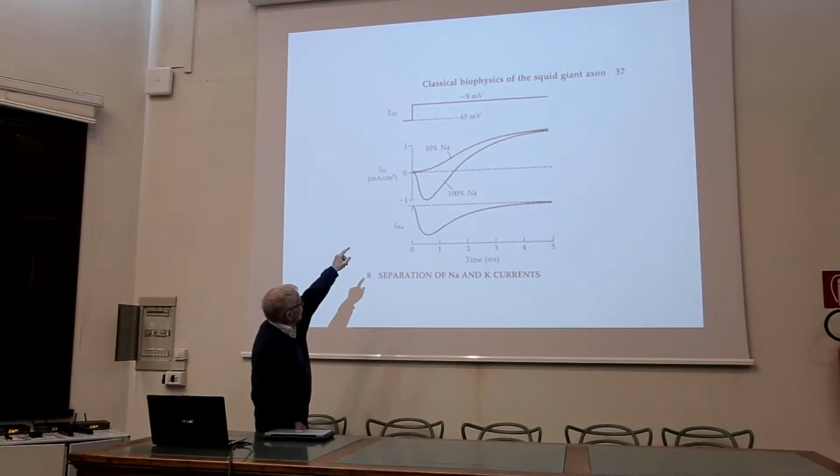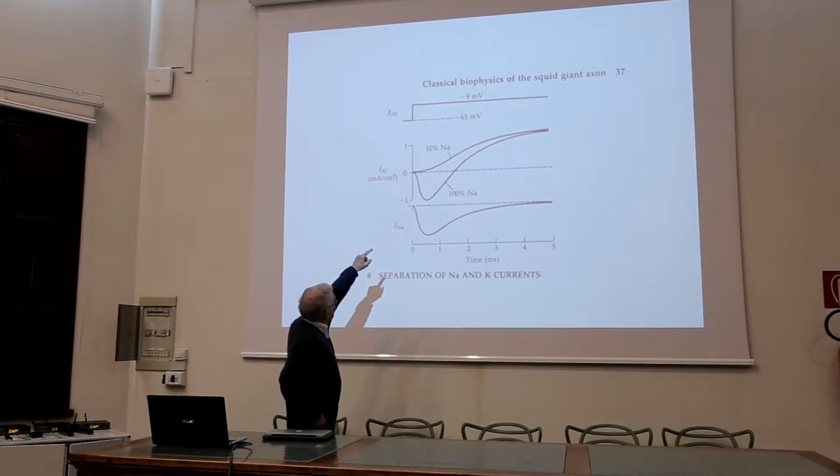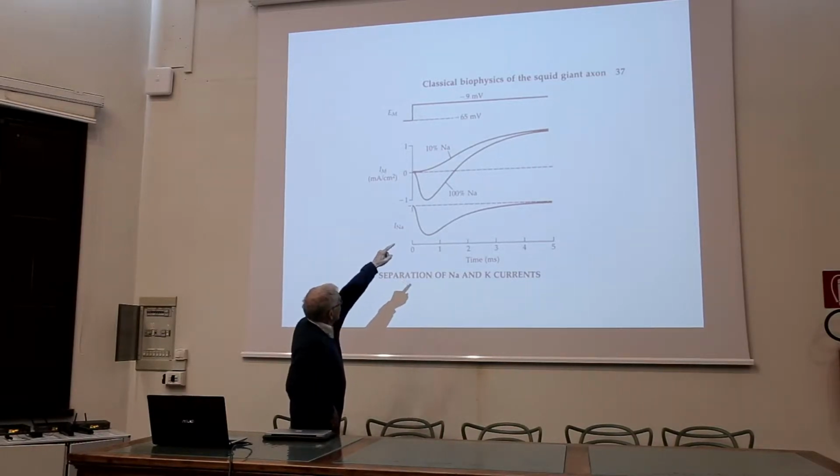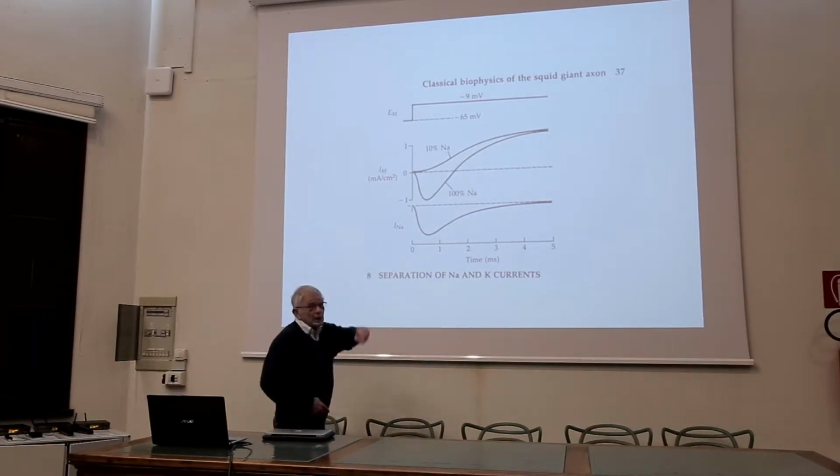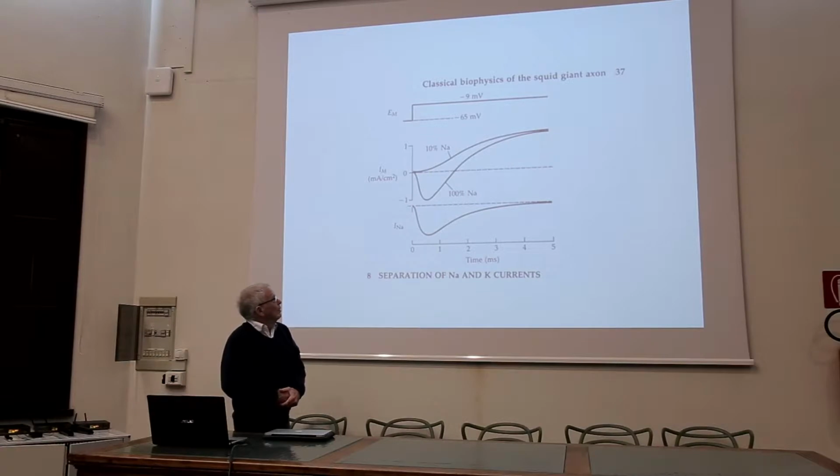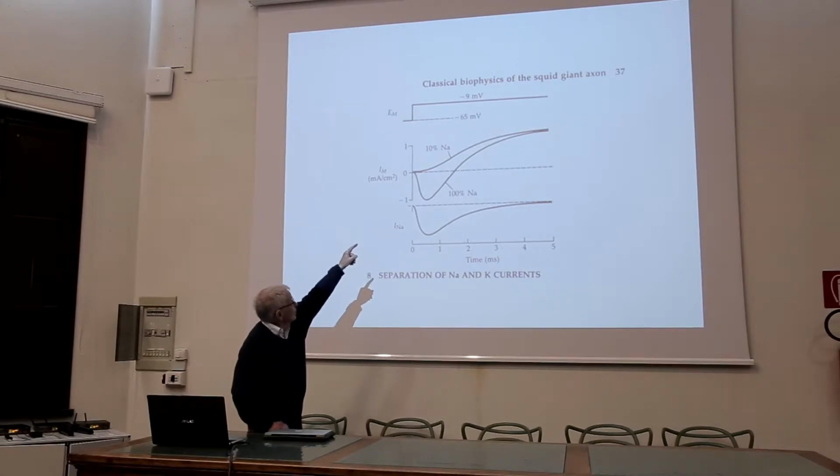And one then finds that in 100 millimolar, in normal solution, there is an inward current followed by an outward current, and that if you reduce the sodium concentration outside to 10%, then you get the upper curve, which is the potassium current.